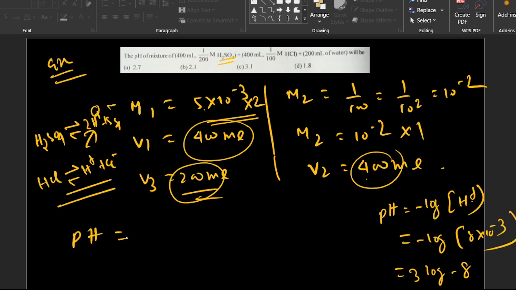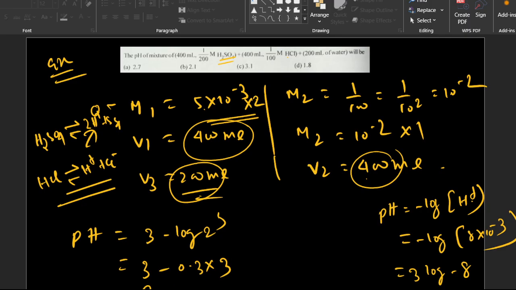So pH equals 3 minus log 8, I can write 2 to the power 3, so that is 3 log 2. Log 2 is 0.3, so 0.3 into 3 is 0.9. So pH is 3 minus 0.9, which is approximately 2.1. Yes, so this is correct.